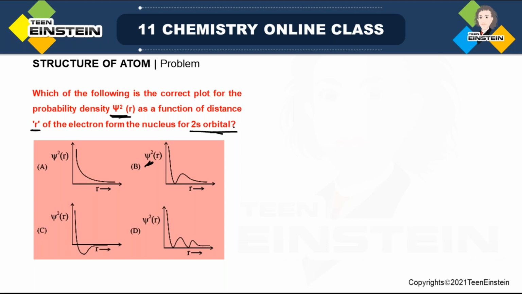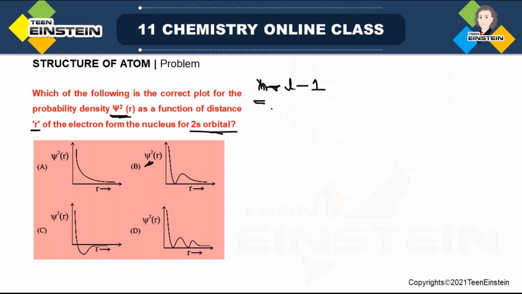Now for the 2s orbital or any other orbital, how to calculate nodes, we will discuss after some time. Right now I'm just giving you the formula to calculate how many radial nodes are there. We use this formula, n minus L minus 1, where n is the principal quantum number and L is the azimuthal quantum number.